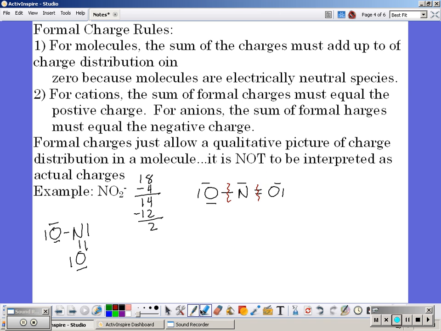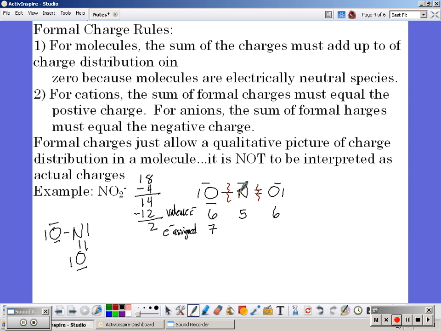So valence electrons, oxygens are 6, nitrogen is 5. Electrons assigned, this first oxygen has 2, 4, 6 from the lone pair plus 1 to make 7. Nitrogen has 2 from the lone pair, 3, 4, 5.